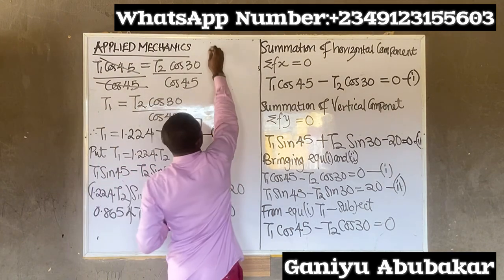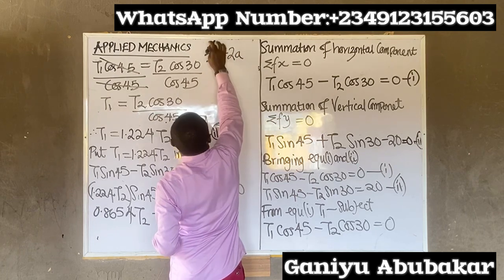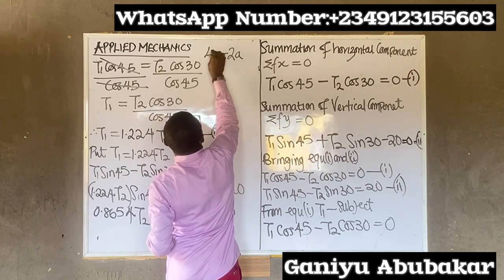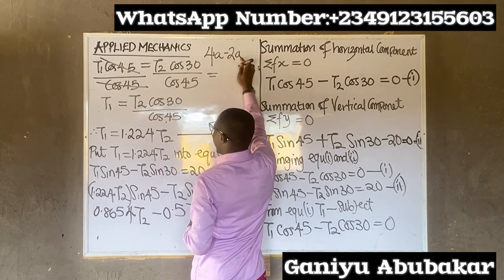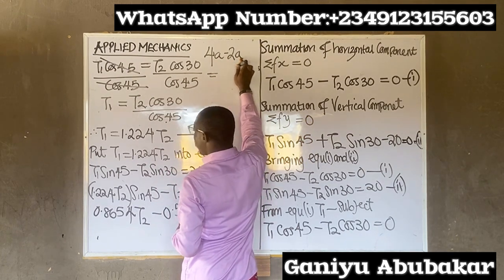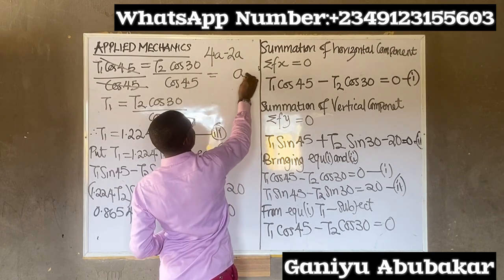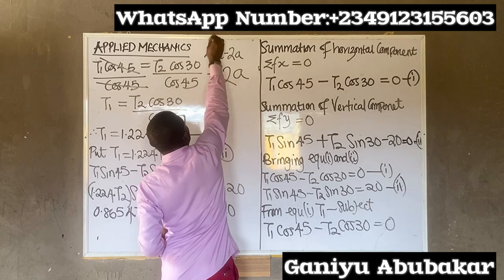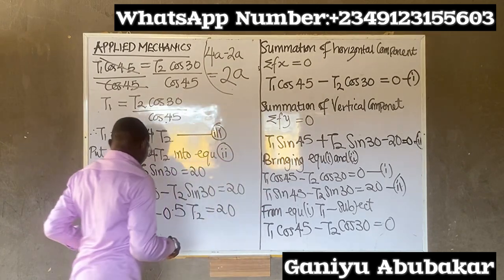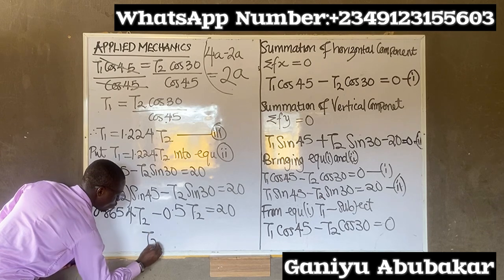Here's the idea I'm thinking I will apply here. If I have 4a minus 2a, of course, a and a are the same. Bring out a, and 4 minus 2 is 2. This is my answer. Apply this analogy here. T2 and T2 are the same. Bring out T2.